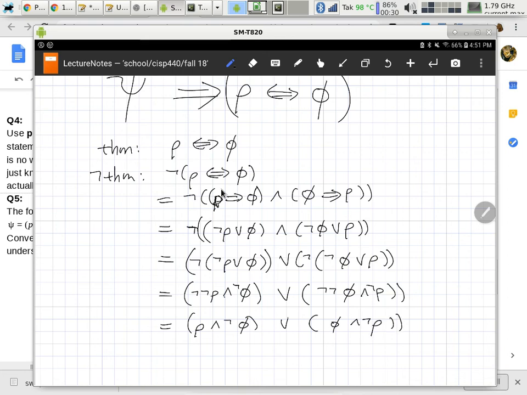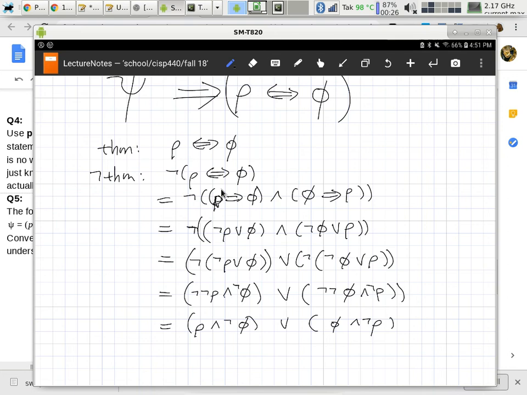And that's basically as far as you can push without knowing what each Greek letter is representing. Huh? That's it. Yep. This is all that you can do. Because unless I tell you what is rho and what is phi, you cannot prove that this is a contradiction. Because by itself, it is not a contradiction. Yep.